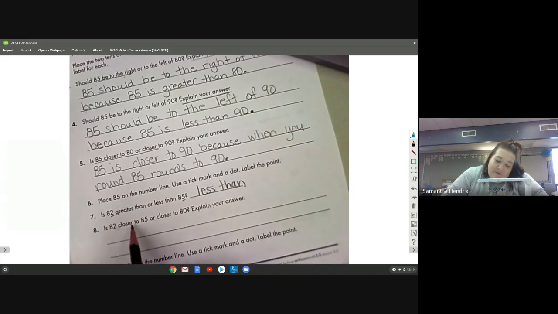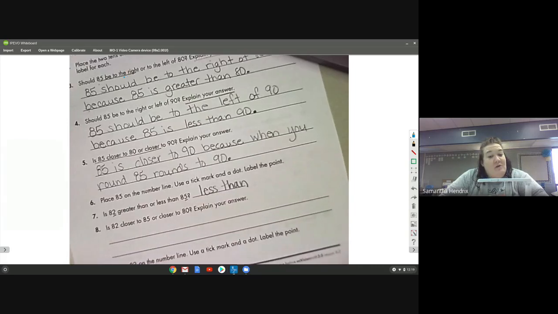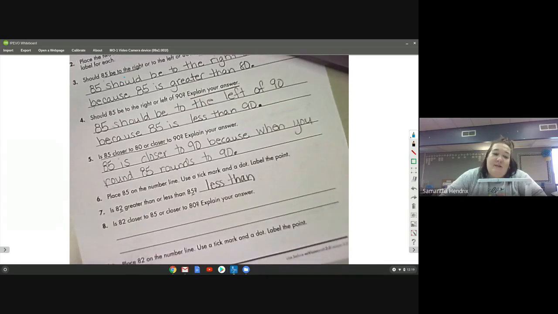Is 82 closer to 85 or closer to 80? Explain your answer. Think about it. 82 is closer to 80 because there's only one between them.